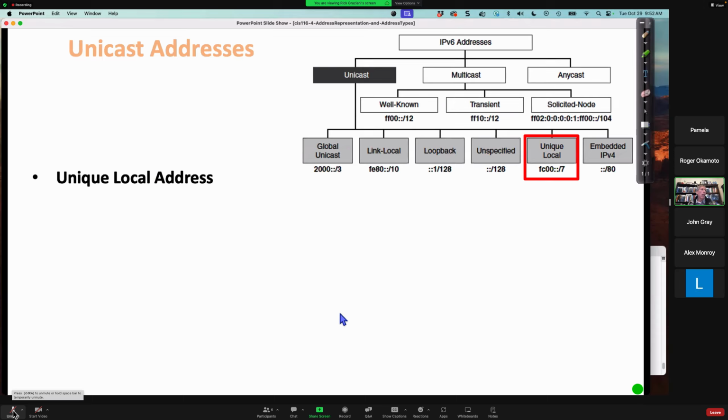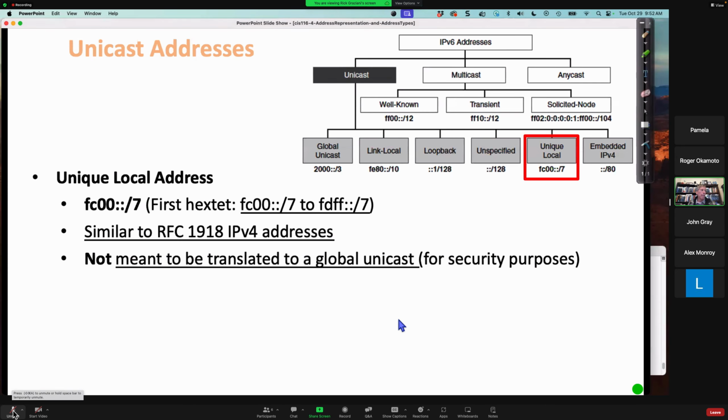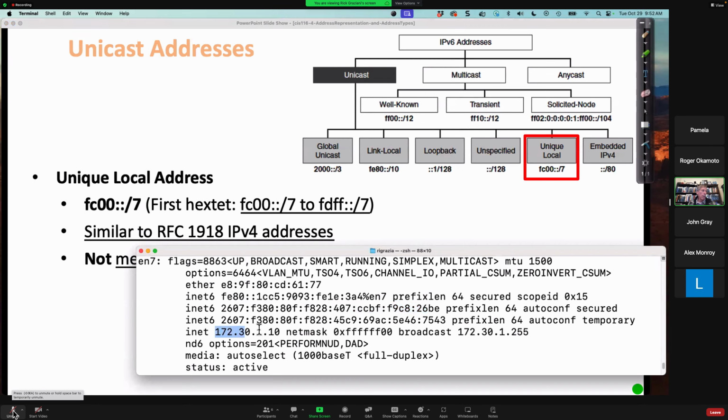All right, unique local address. Okay, this begins with FC or FD. This can be used similar to RFC 1918 addresses, those private IPv4 addresses, but we do not translate them to a global unicast address. So here at school, this is my private IPv4 address, right? And we know that's going to get translated to a public IPv4 address.